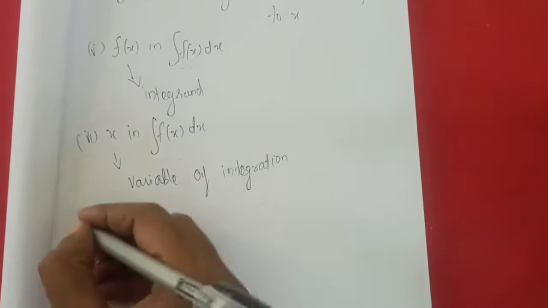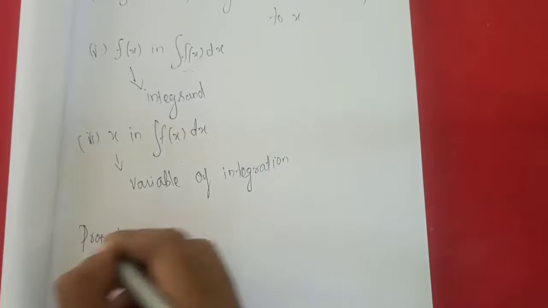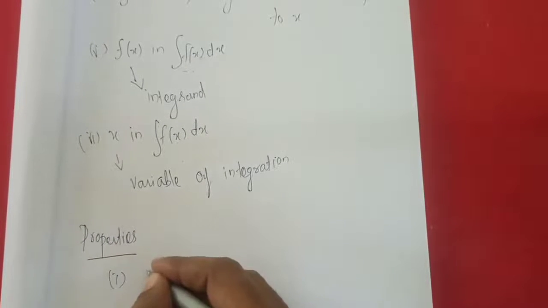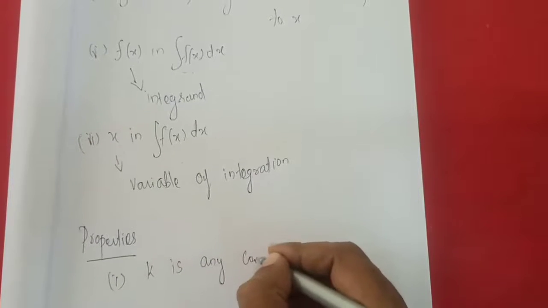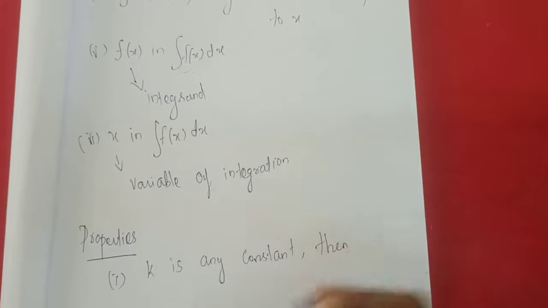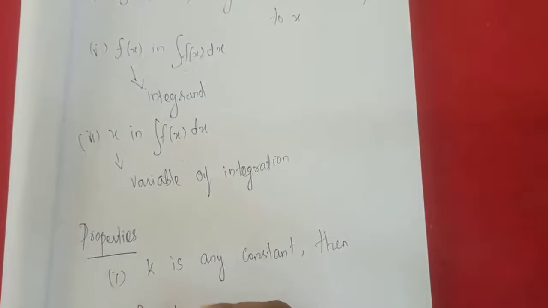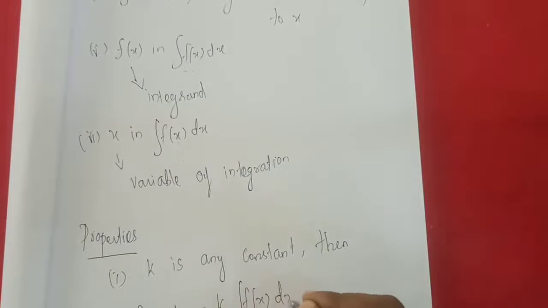Properties. First property: k is any constant, then integral of k f of x dx is equal to k times the integral of f of x dx.